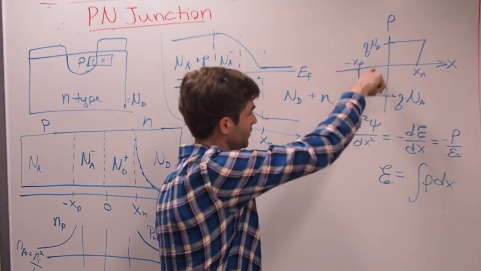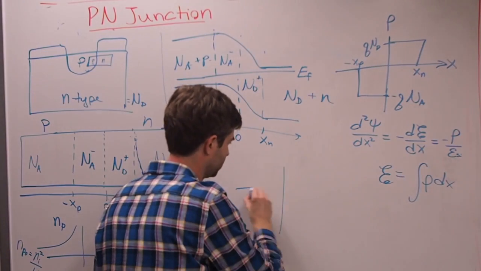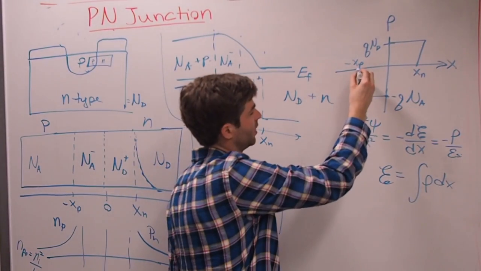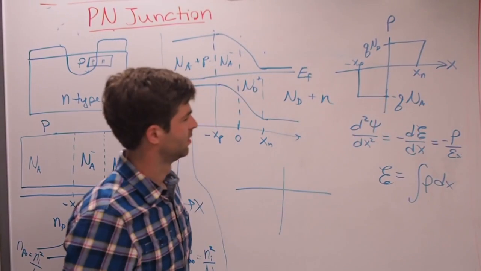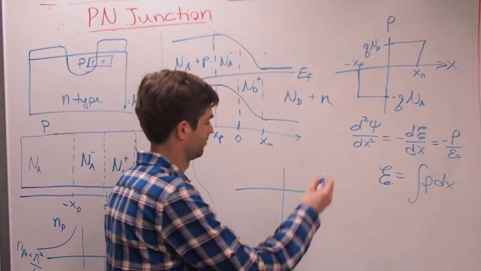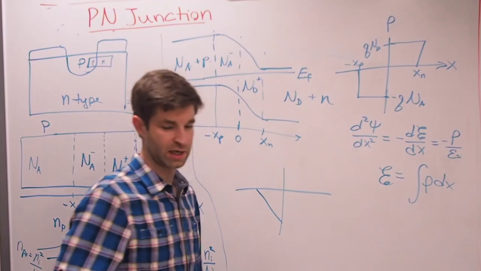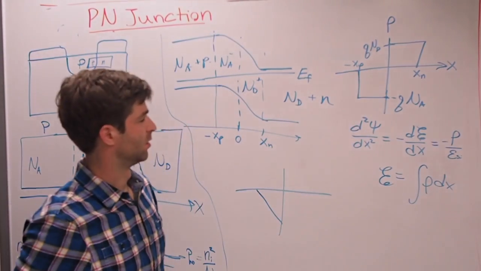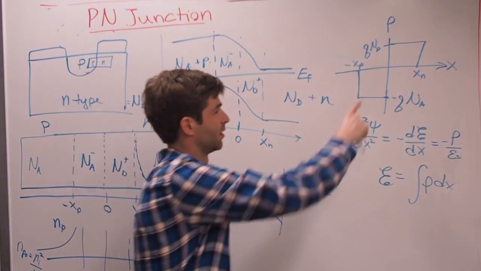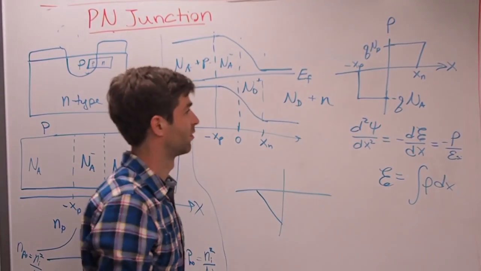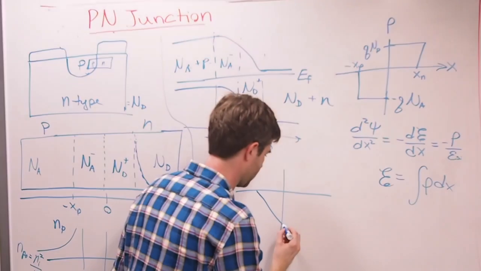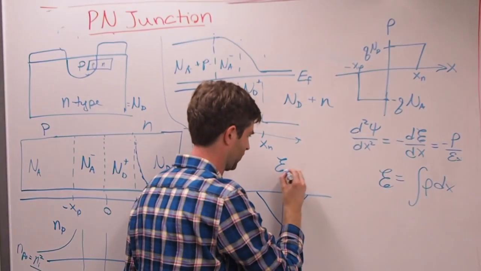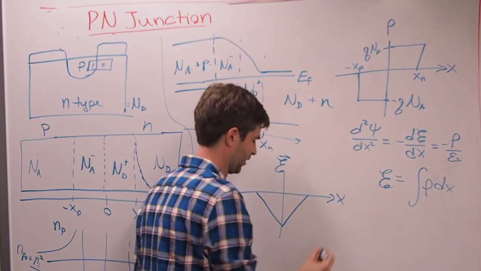So if I rewrite this over here, if you integrate this constant right here, it's just a negative slope right there, right? And on this side, when we integrate this constant right here, it's positive, so it becomes a positive slope right there. This is electric field, and this is x.